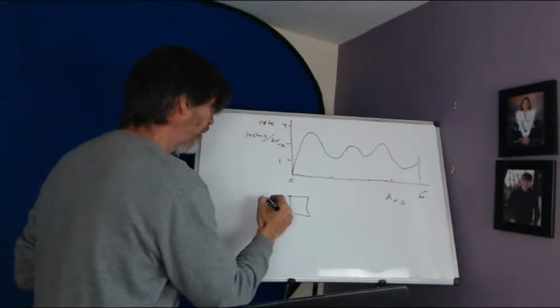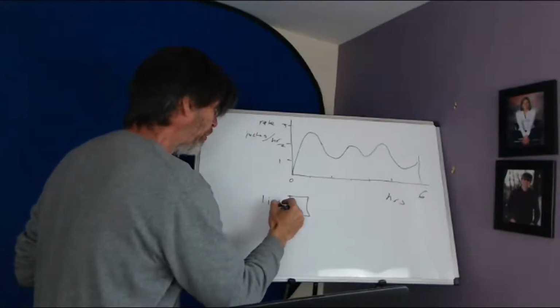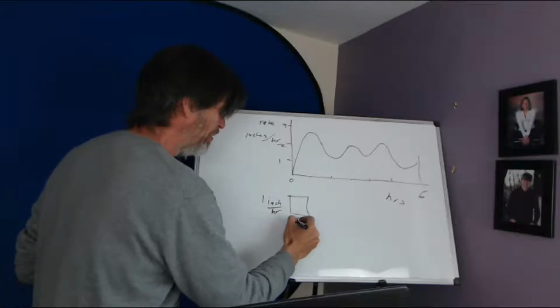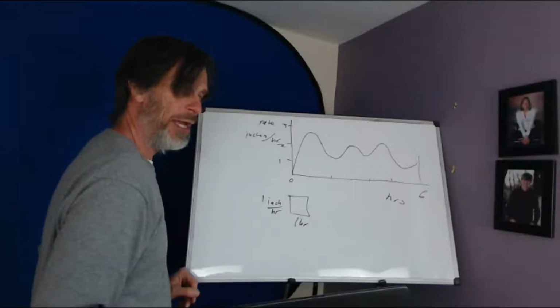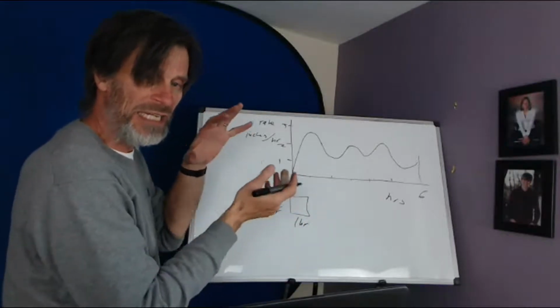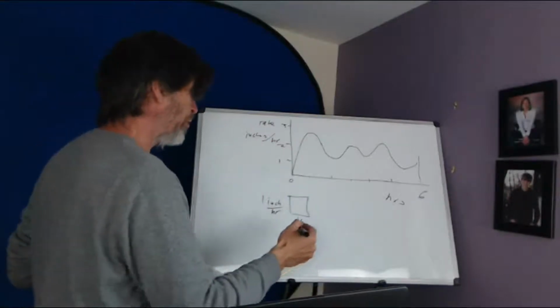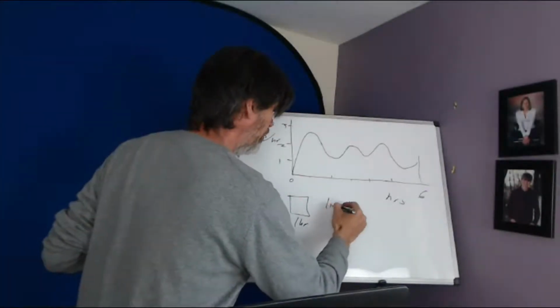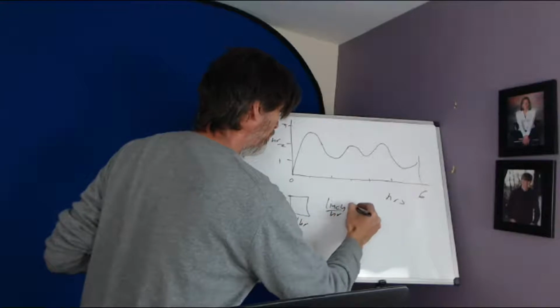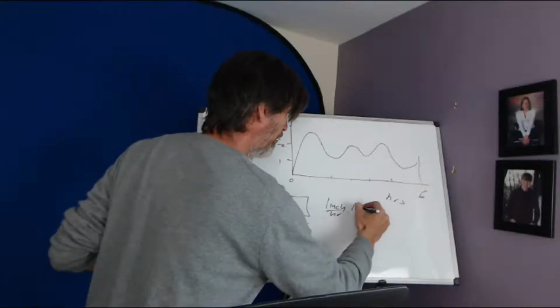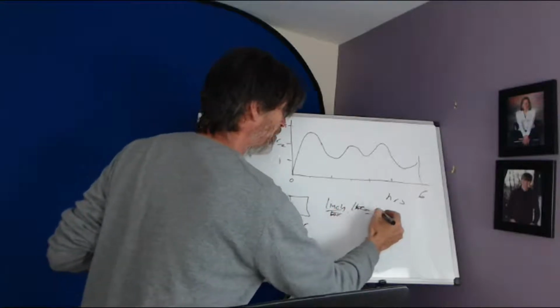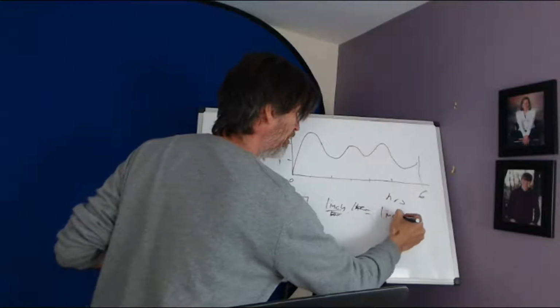This is 1 inch per hour, and this is 1 hour wide. So the area in each of those boxes represents 1 inch per hour multiplied by 1 hour. Hour units cancel, and it represents 1 inch of snow.